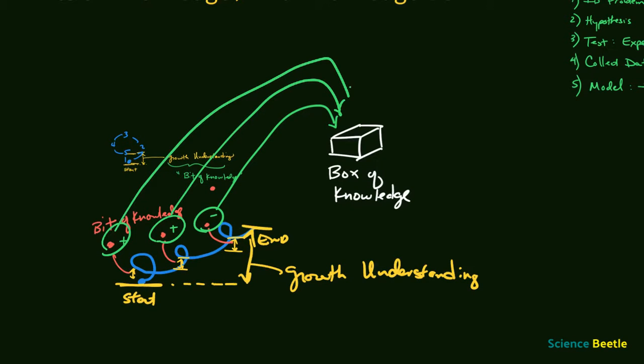As you go, with each successive loop of the scientific method, you're going to see that the knowledge box is rather small to begin with at the very start. But with each successive loop, as you start adding more and more, that box will eventually get a little bit bigger. That box should get bigger with time.